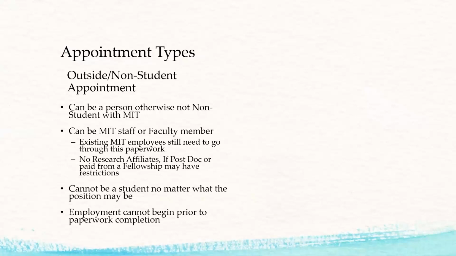So if there's absolutely no way around it, we can have them do that paperwork and start them as a volunteer. And whenever the situation gets resolved, we can hire them later.